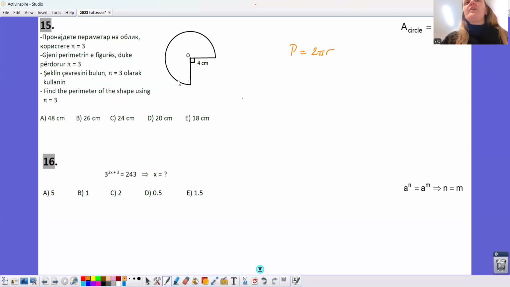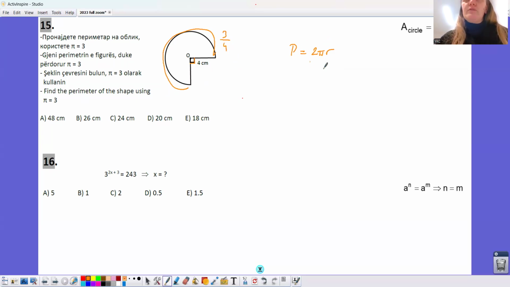But this part that we are looking at, if this is one part, look, it's given that this is 90 degrees. So 1/4 of the circle is not here. If 1/4 is not here, then this part that is here is 3/4 of the circle.